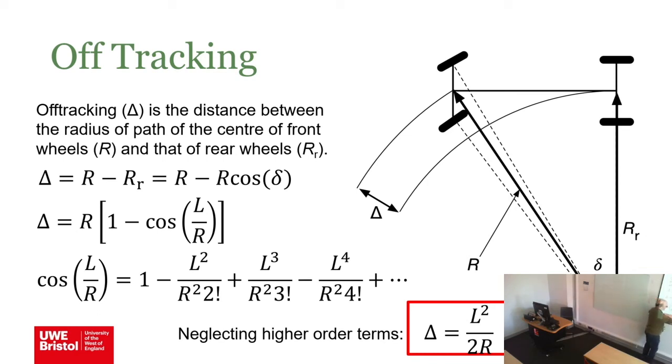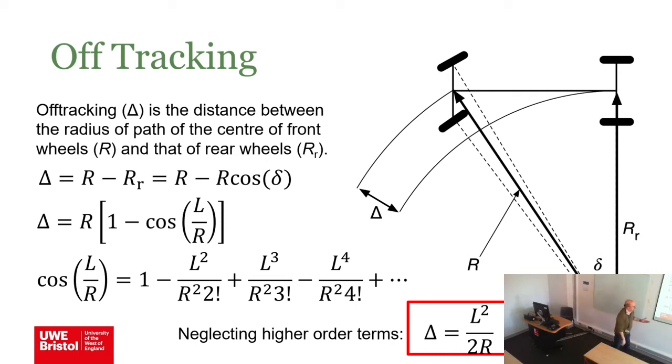Well, 1 minus 1, that disappears. Then we've got minus cosine, so that becomes a plus L squared upon 2R squared, and obviously times by R, that gives L squared upon 2R.